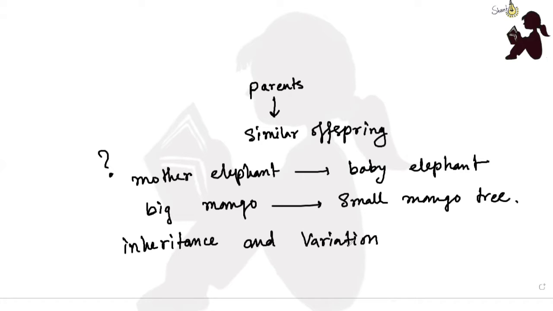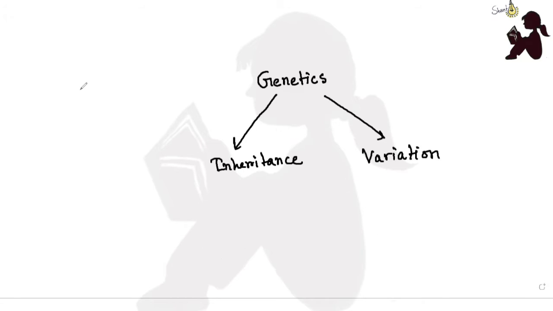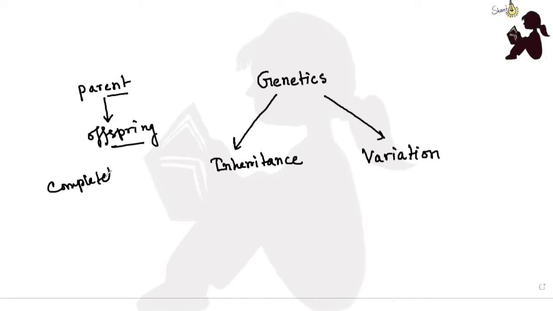Now, what are they? Every parent individual produces offspring, and sometimes these offspring are completely similar, or sometimes they are slightly different.